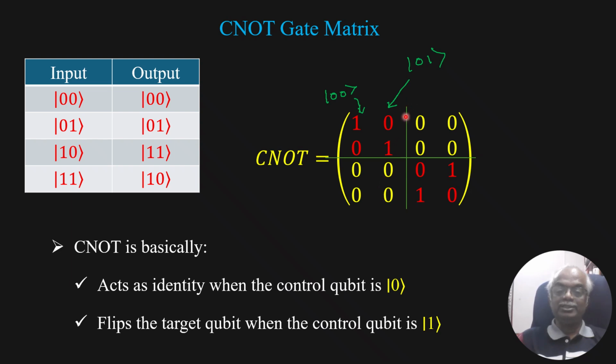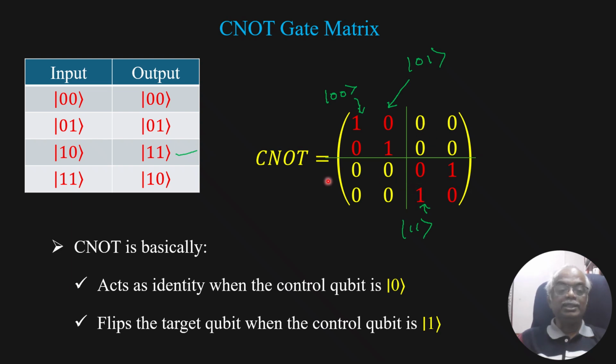We have seen just now the column matrix for ket 0,1 is this one. Then what about the column matrix for ket 1,1, the third one? Ket 1,1 is this. The fourth row will be 1, and other things are 0, 0, 0, 0, 1.